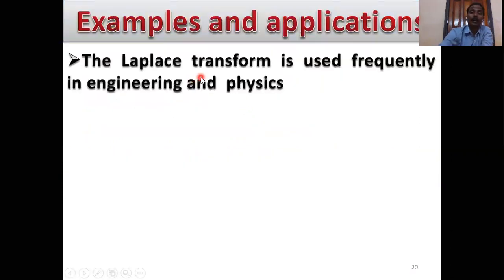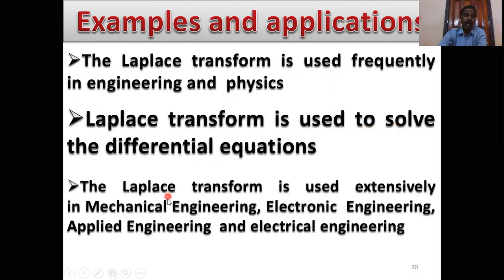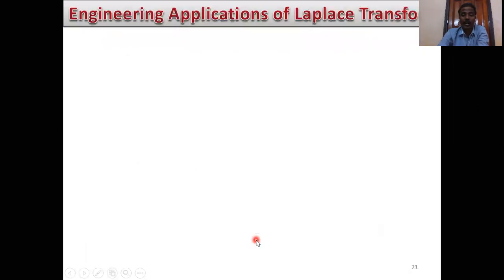Examples of the Laplace transform and applications of the Laplace transform. The Laplace transform is used frequently in engineering and physics. It is used to solve differential equations. It is used extensively in mechanical, electronic, applied, and electrical engineering systems.